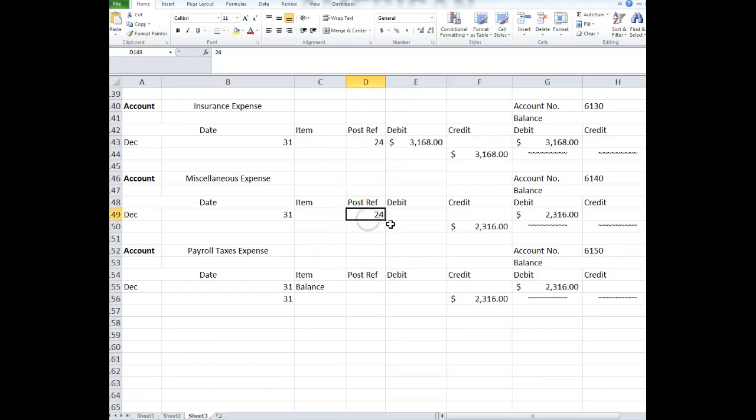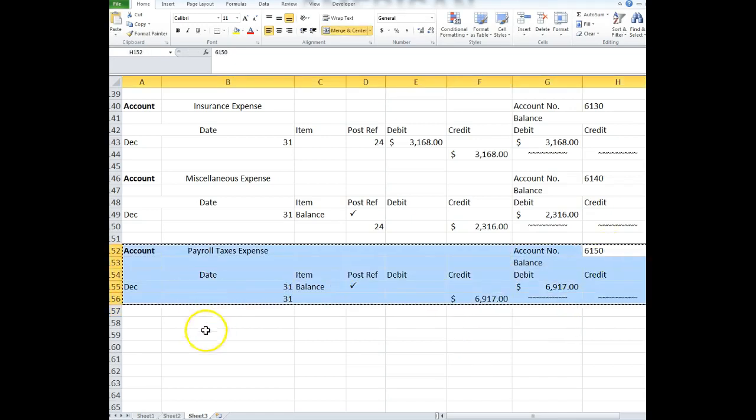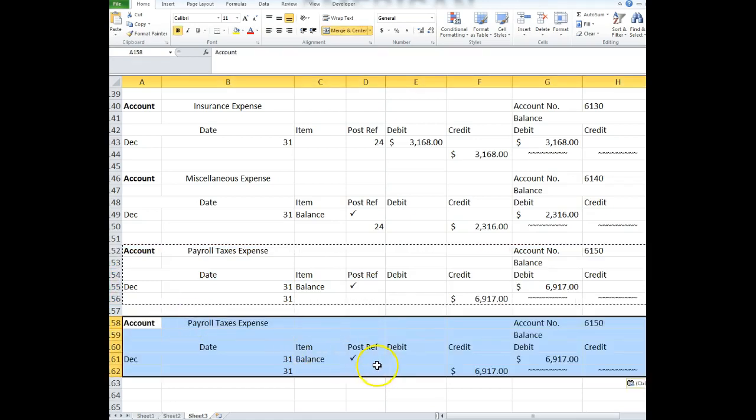Miscellaneous expense. Okay, what's our payroll tax expense? 6917. Cancel that out. Yeah, why are we canceling them out? Temporary accounts.